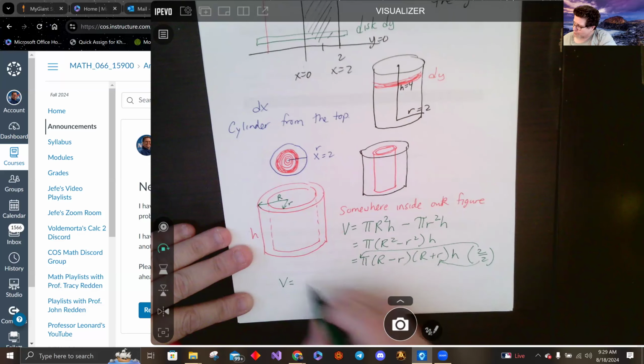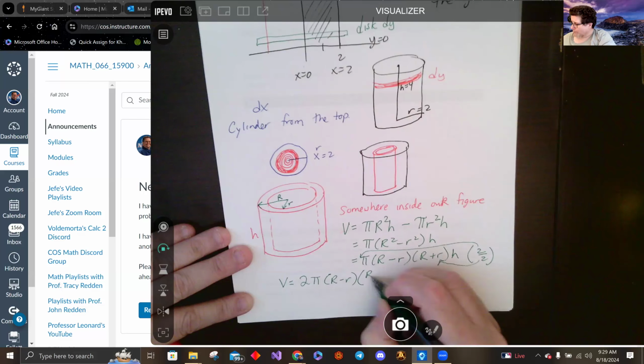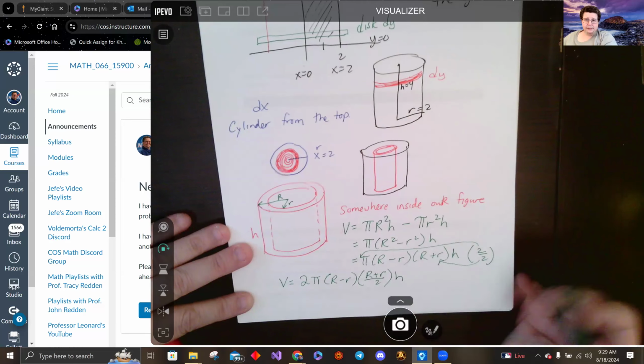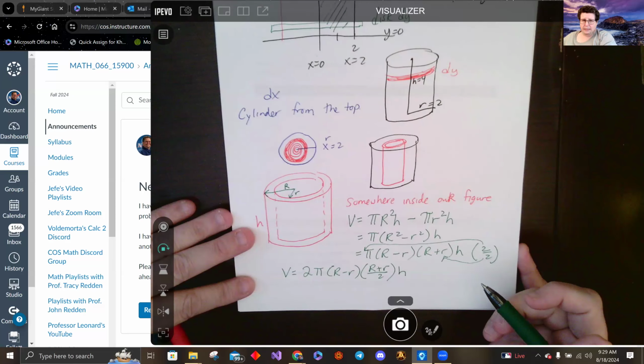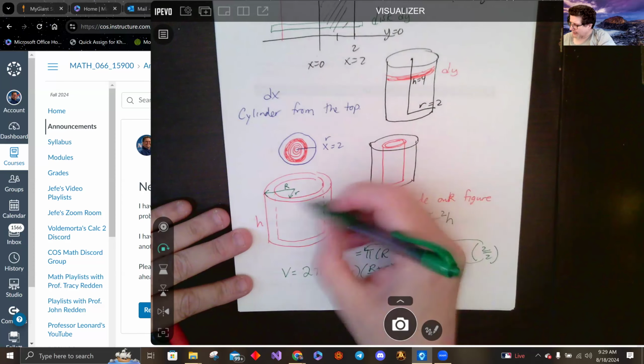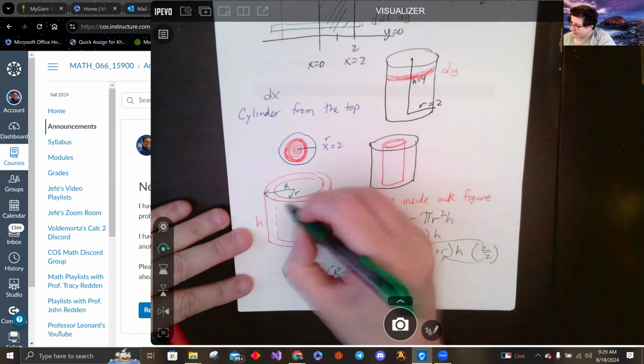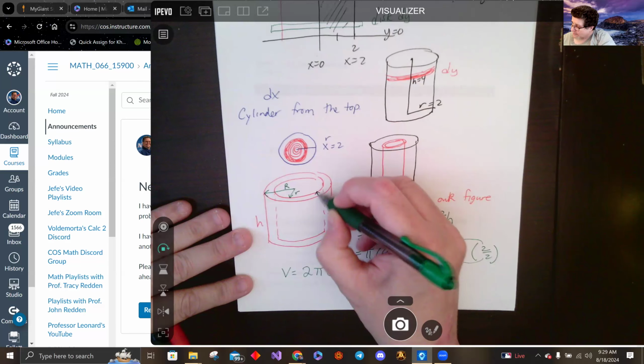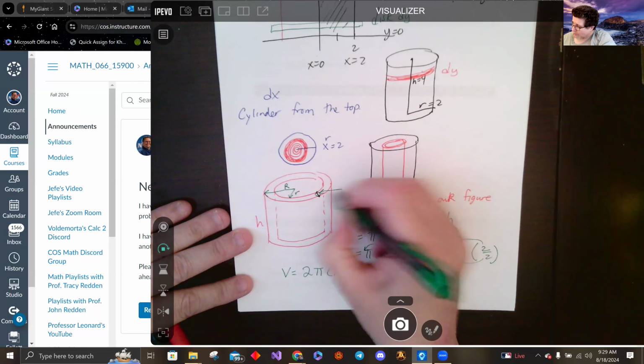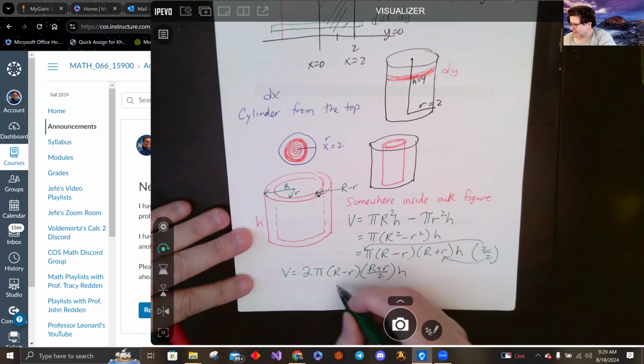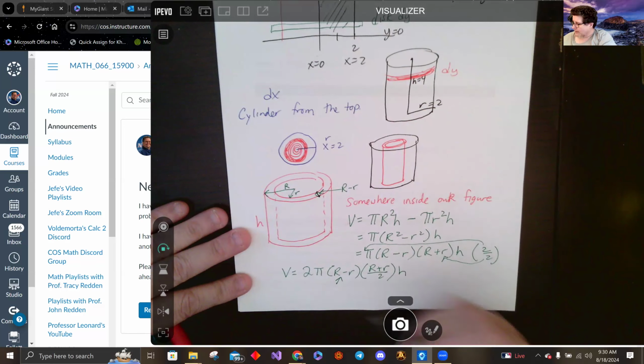So I get 2 pi, big R minus little r, times big R plus little r over 2, times h. Well, R minus r is this. That's R minus r, so this is like the width.